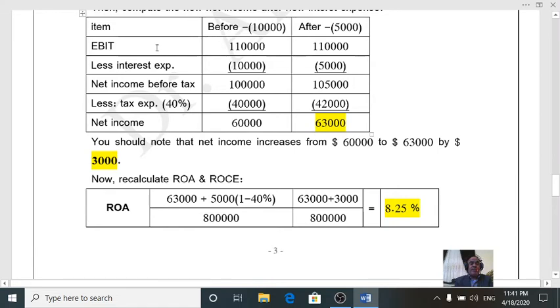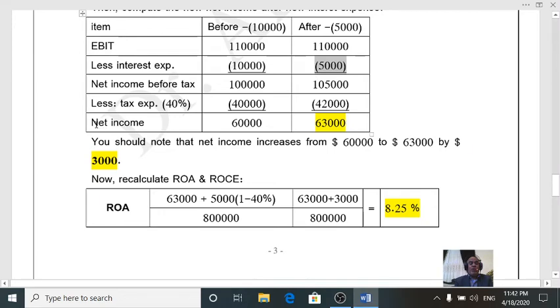You can understand it better with the following table. This table shows earnings before interest and tax. Before, when interest expense is 10,000, it equals 110,000, and here we also have 110,000. In all the assumptions we deduct 10,000, but in the new assumption interest expense is only 5,000.